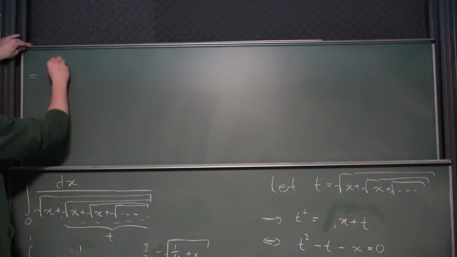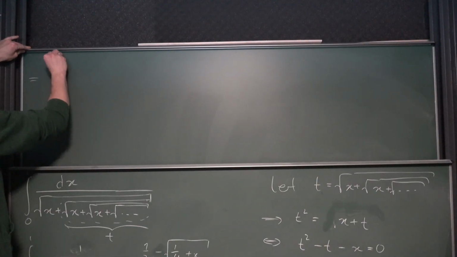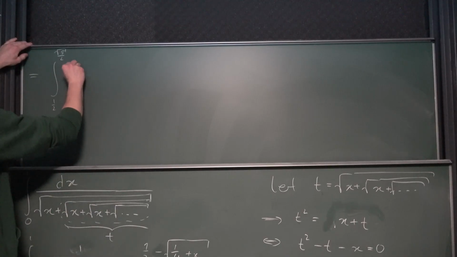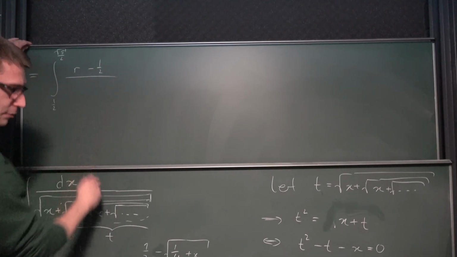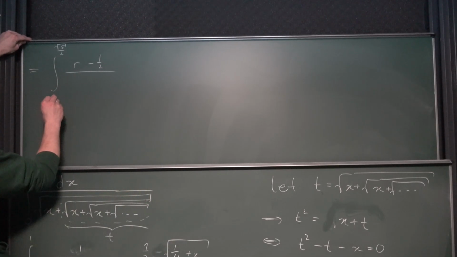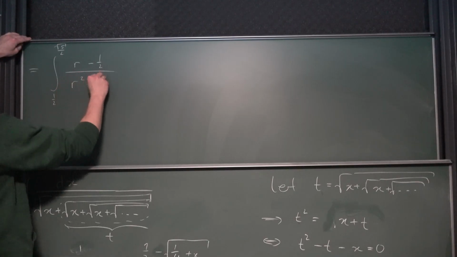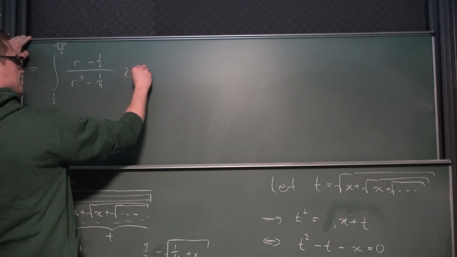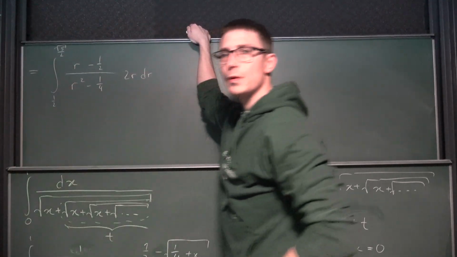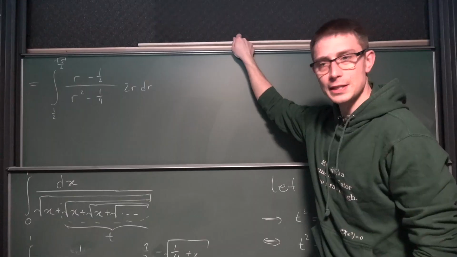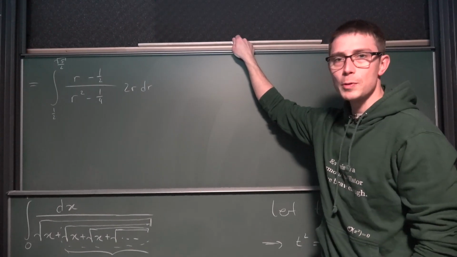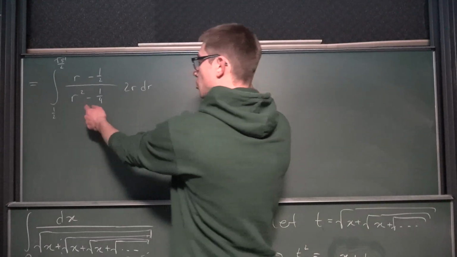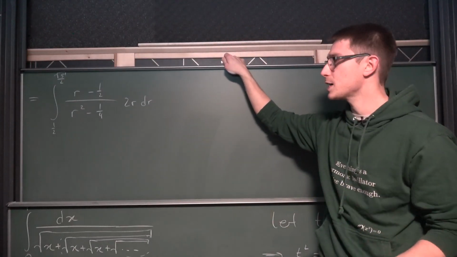We are going to get now the integral from 1/2 to square root of 5 over 2 of r minus 1/2 divided by, and x is the same as r squared minus 1/4. And our differential one form is 2r dr. Okay, this is what we got right now, and this is rather easy to solve actually. What you might notice now, if you have a sharp eye, r squared minus 1/4 down here is just a difference of two squares once again.